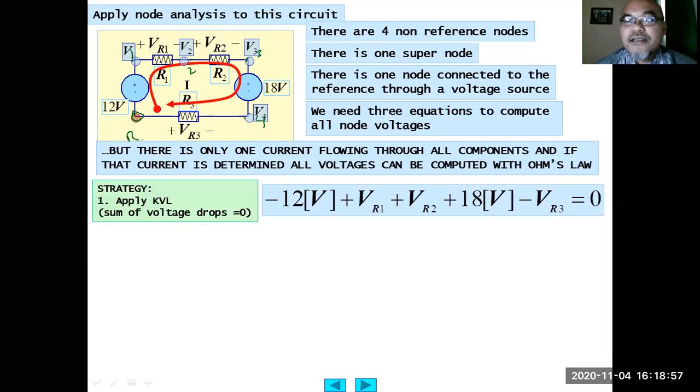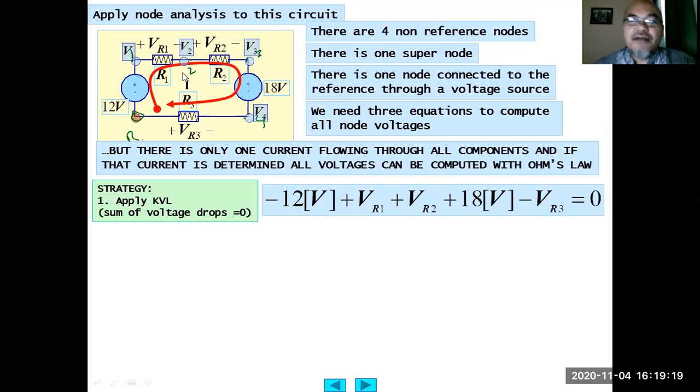So here, if we take it as voltage drop from the reference node to V1, the voltage drop is negative, right? Because it is positive, it is a voltage increase. So if you look from the perspective of voltage drop, then it is negative 12 volt.